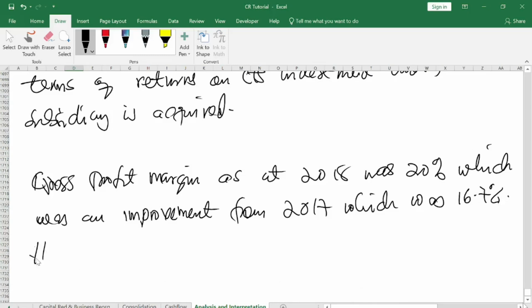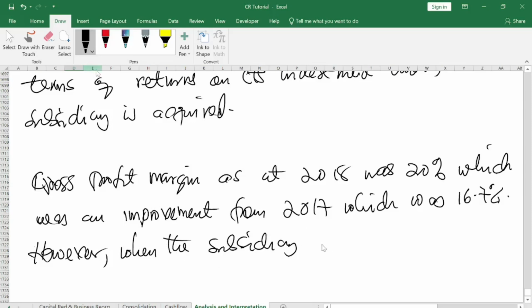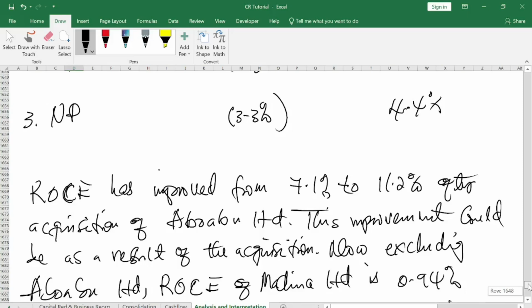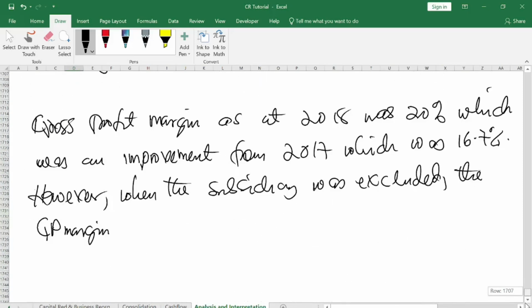However, when the subsidiary was excluded, the gross profit margin is now how much? 11%.